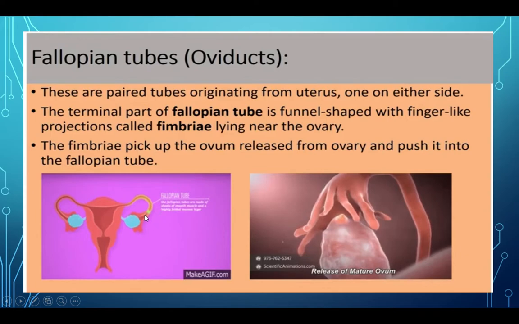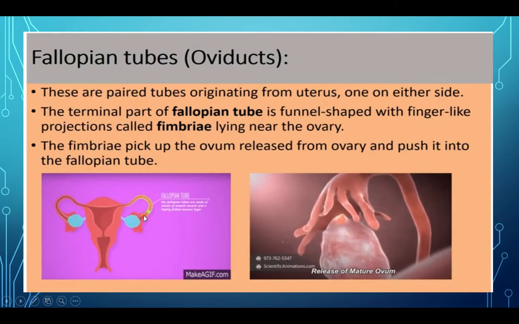What's the duty of the fimbriae? It picks up the ovum. Like the testis in the male, this is the ovary, and the ovary produces the egg. This egg is released from the ovary and picked up with the help of the fimbriae. The ovum is the egg.